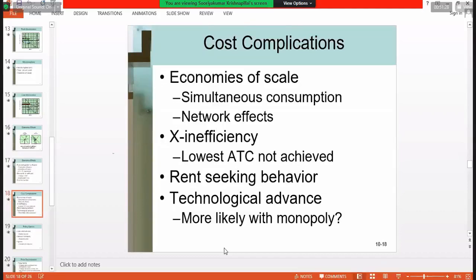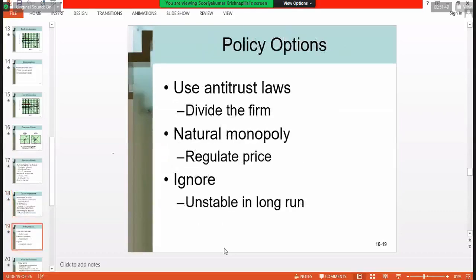Some argue they are a big firm, so they can invest more money in research and development, and they can develop the technology to produce at the lowest cost. So there are arguments on both sides. So the government in the US uses the antitrust law.